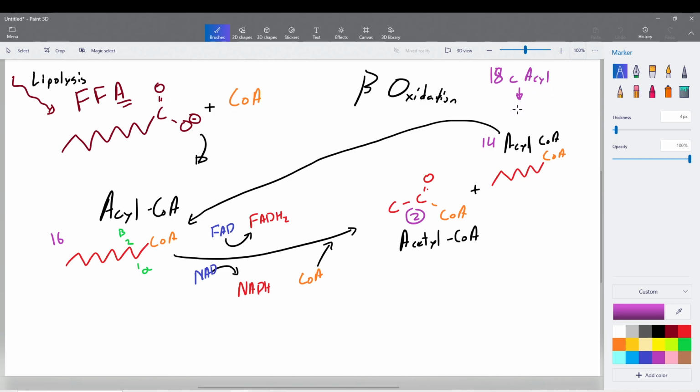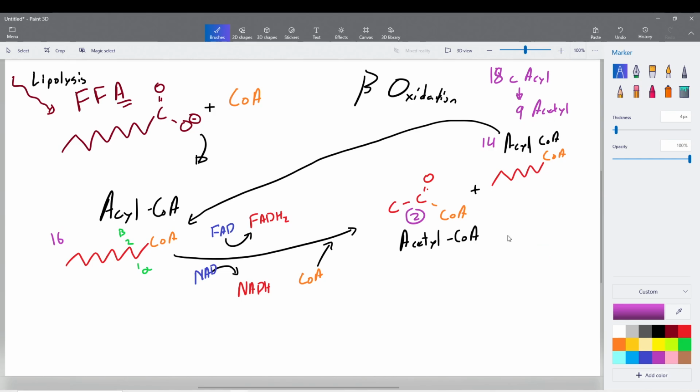I'm going to end up making 9 molecules of acetyl-CoA, right? The carbons don't get destroyed. The carbons don't get breathed off. It's just I chop 2 of them off at a time. So effectively, I am cutting this in half. However many carbon acyl-CoA, you know how many acetyl-CoA fall out after it.